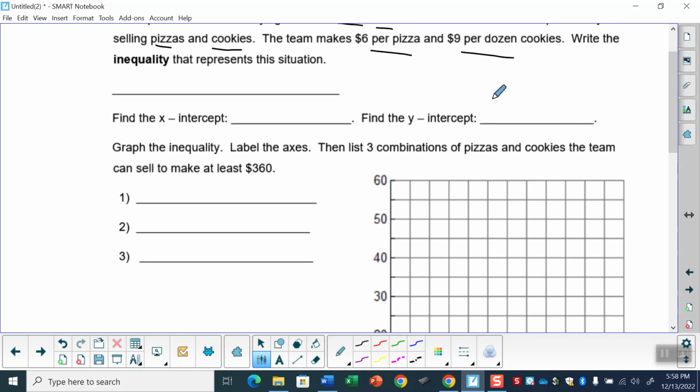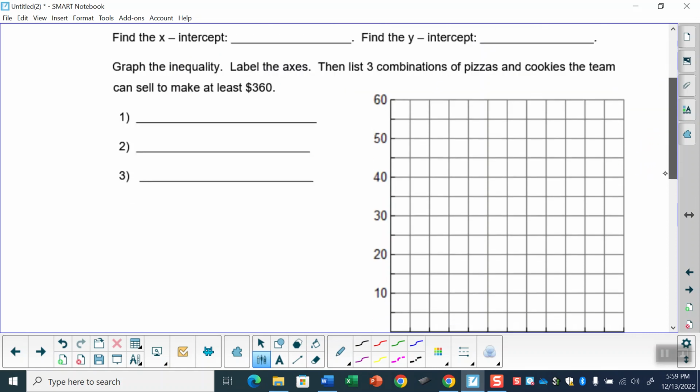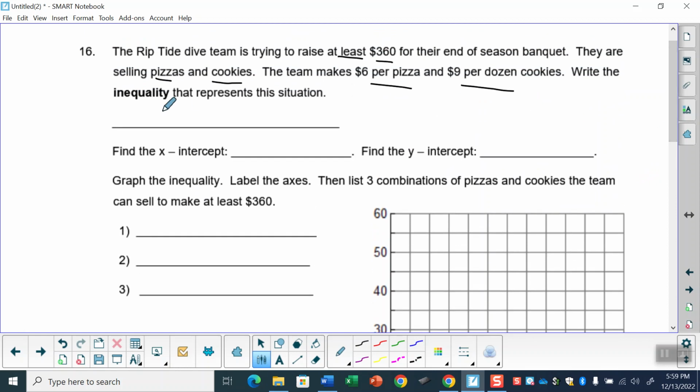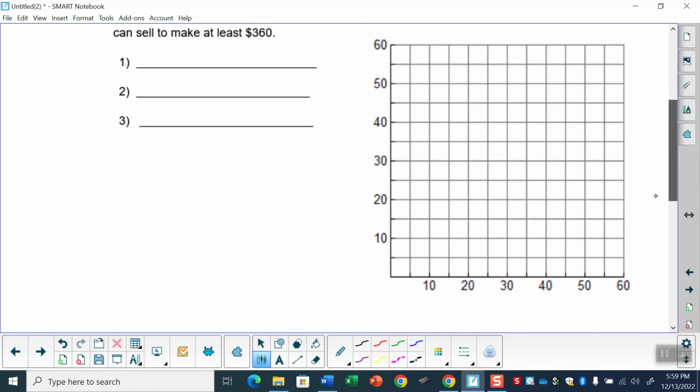All right, so that means we've got, and it doesn't say which is which, so I'll just go ahead and say 6x is going to be my pizzas, right? X will be the number of pizzas.